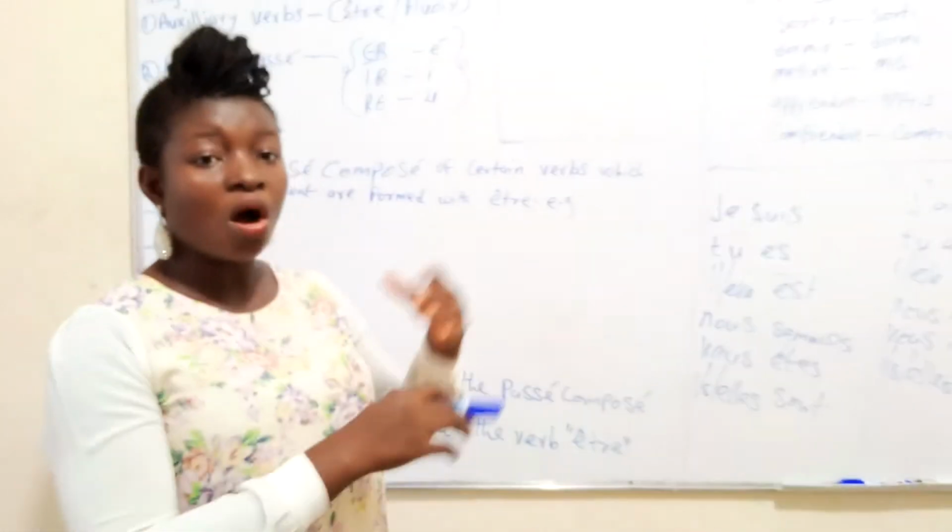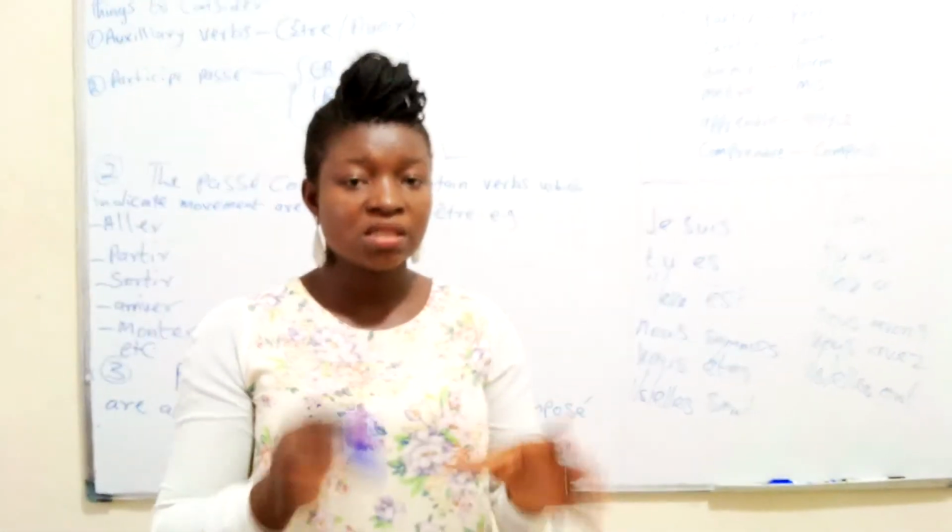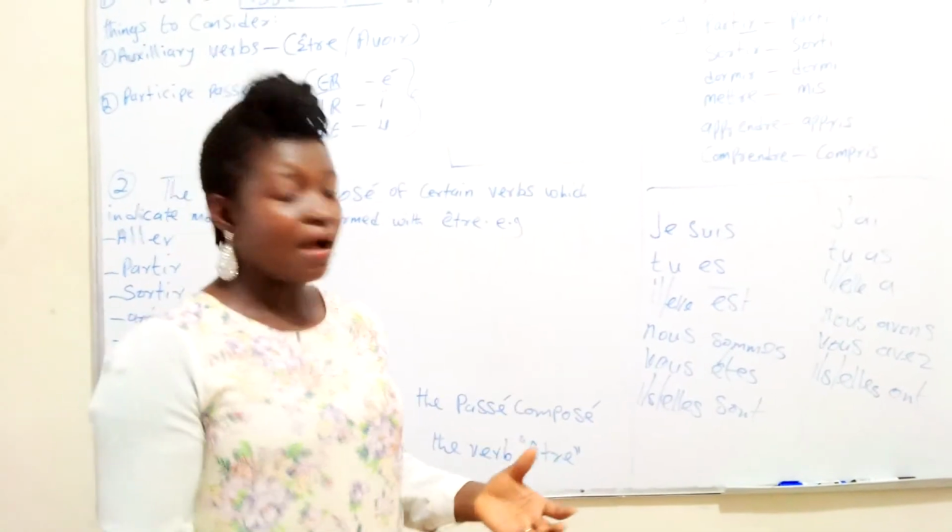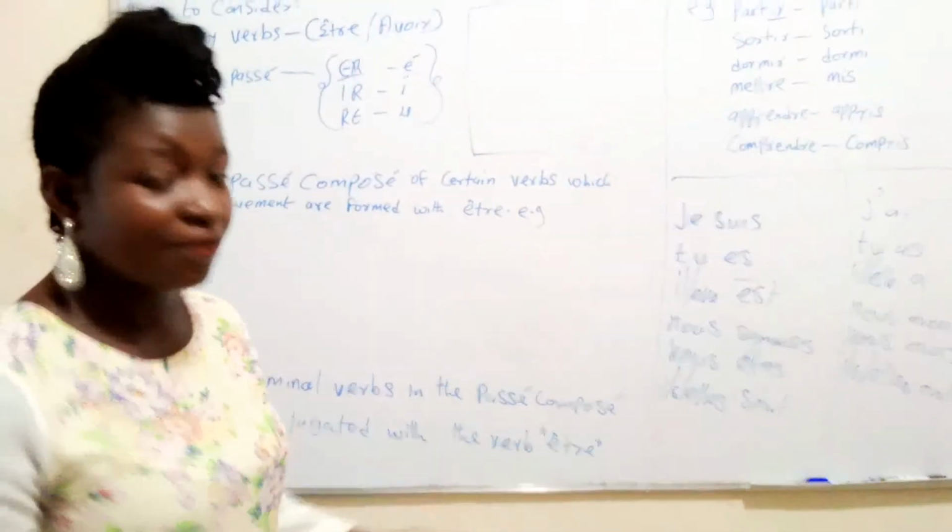We have aller, to go, partir, to leave, sortir, to go out, arriver, to arrive, then we have monter, to climb. So you see all these verbs are movement verbs. All the movement verbs in French take on être as their auxiliary verb.